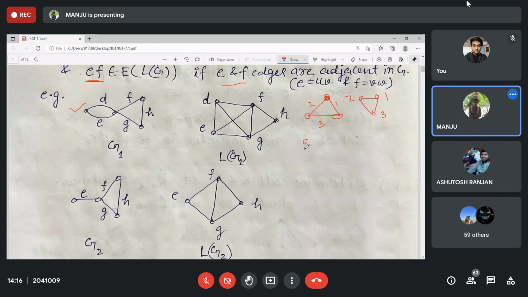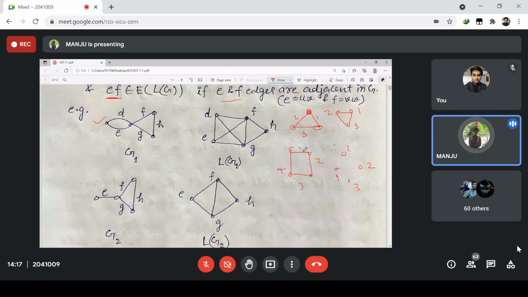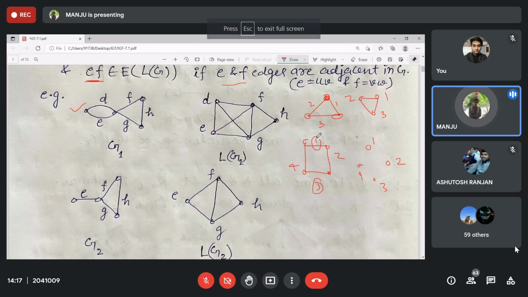What about C4? The line graph will be C4, with vertices corresponding to edges 1, 2, 3, 4. 1 and 2 are adjacent, 1 and 4 adjacent, 2 and 3 adjacent, 3 and 4 adjacent.